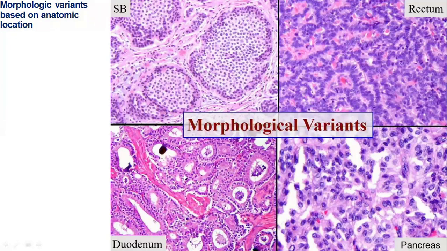In the duodenum, they form a pseudoglandular type of architecture, and sometimes we have seen psammoma bodies as well. In the pancreas, they commonly form solid lesions, and histopathologically they form loose, discohesive cells with the salt and pepper type of cytology.